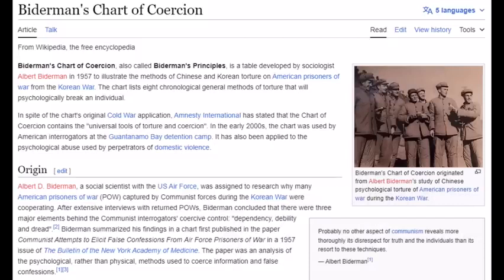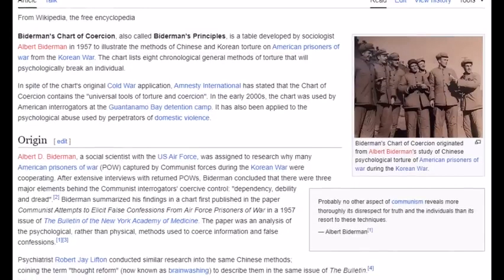You know, it's always China, North Korea, it's never Switzerland, eh? And here, psychiatrist Lifton conducted similar research into the same Chinese method, coining the term thought reform, now known as brainwashing. Yeah, okay, yeah, the North Koreans did it.